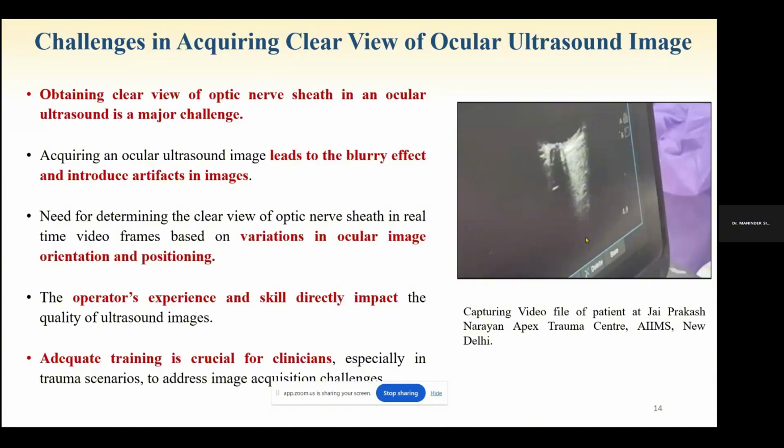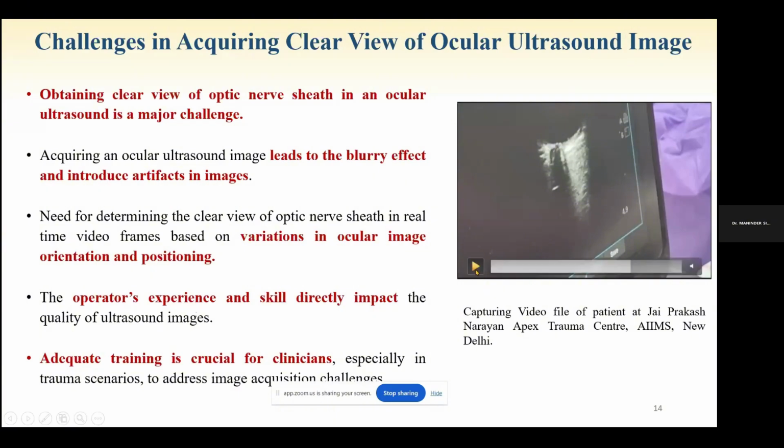So the important challenge is that if we have video files with multiple frames, we need to pick a good frame for measuring the optic nerve and eyeball transverse diameter.